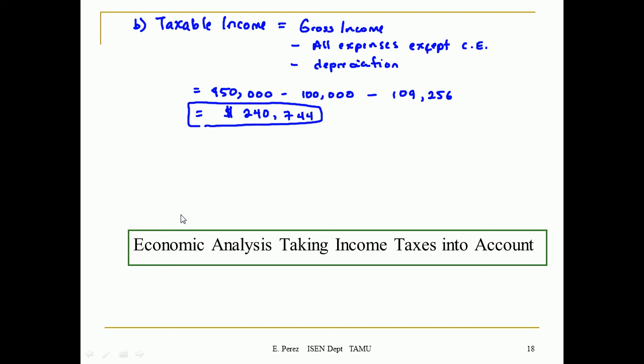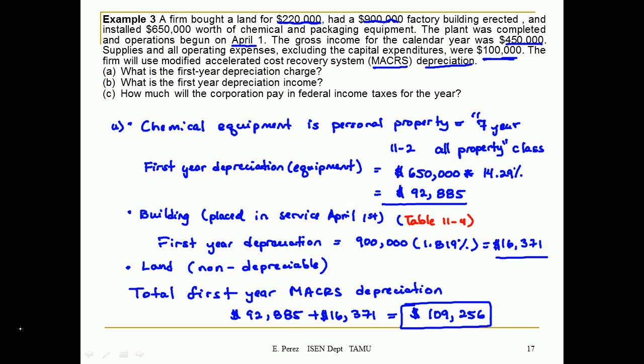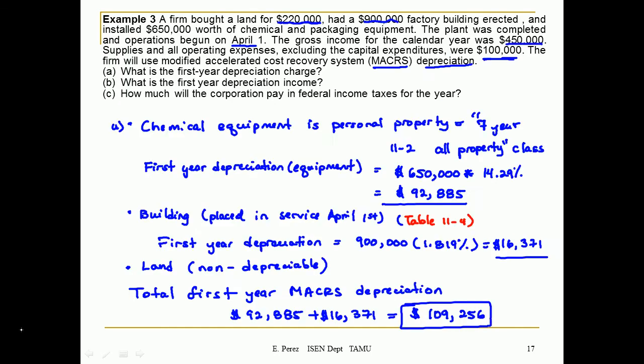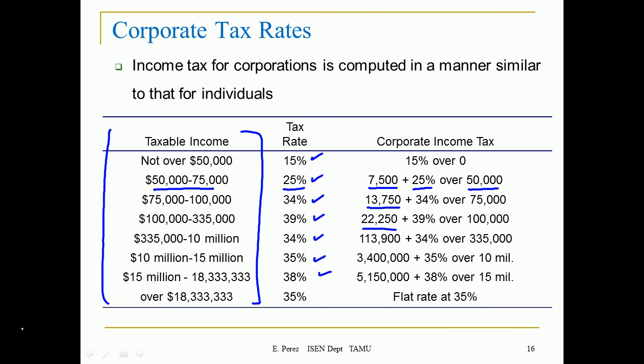Okay. The last question is, how much will the corporation pay in federal income taxes for the year? So for that, we need this amount. Now we have to refer to the table for corporations. You know that the amount was about $200,000, so that amount belongs to this range.